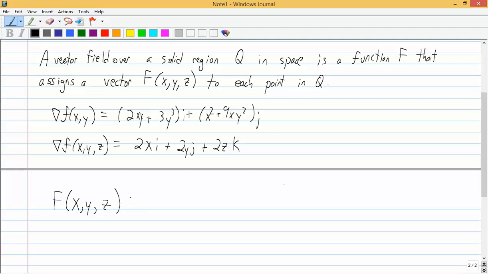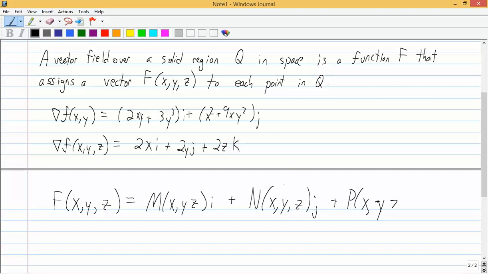We can think of the parts as M of x, y, z times i plus N of x, y, z times j plus P of x, y, z times k. What does that kind of look like? You've seen some of this notation before, or something similar, but not in this class.